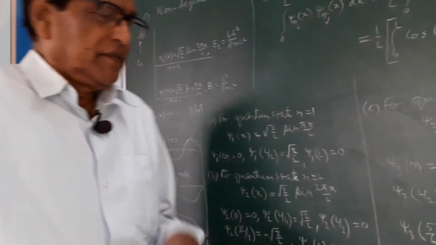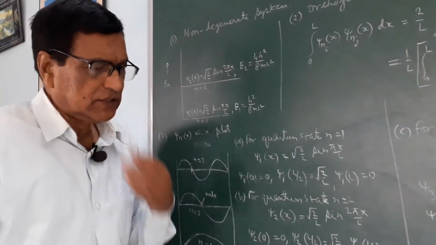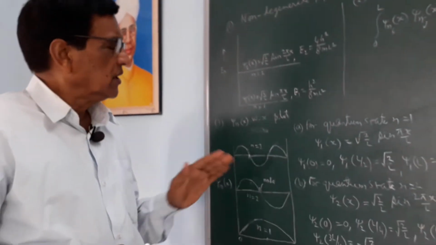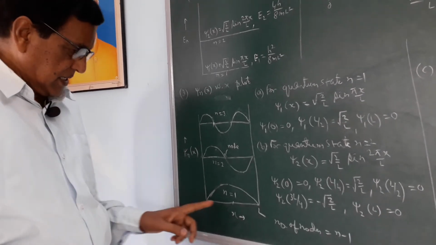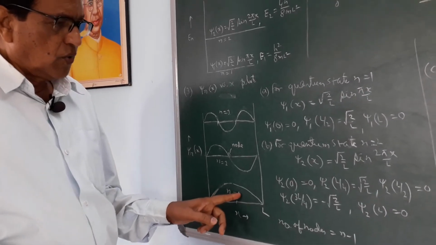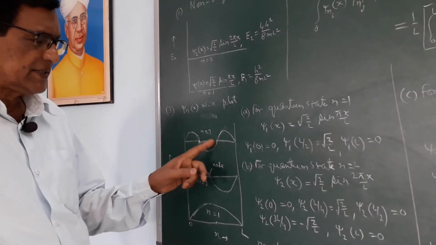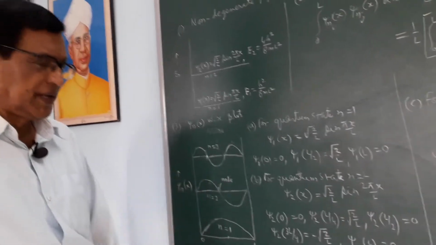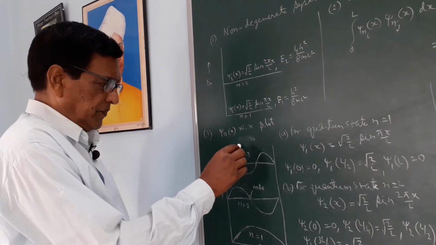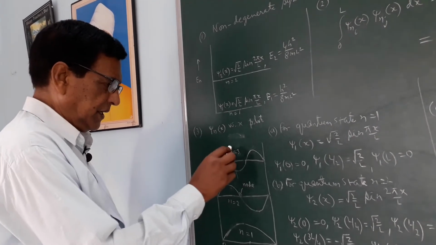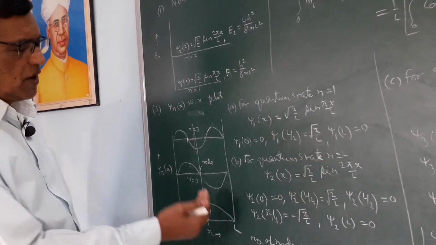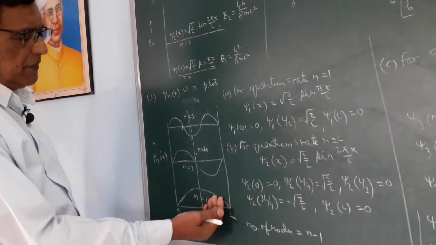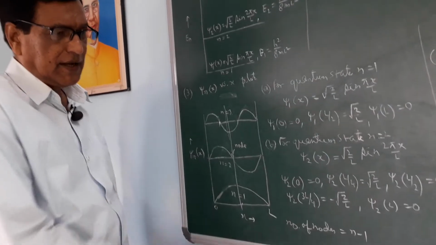If we closely look at this picture, then psi 1 of x and psi 3 of x, these two are symmetrical. Means if we keep a mirror at the middle point of this box, then one half will be a mirror image of the other half.